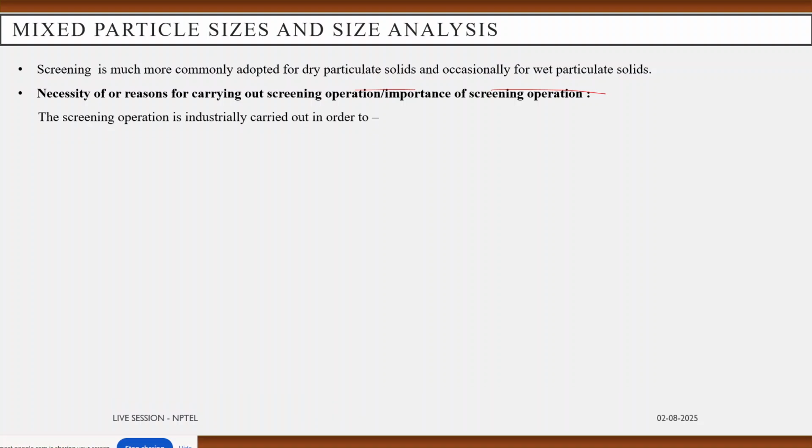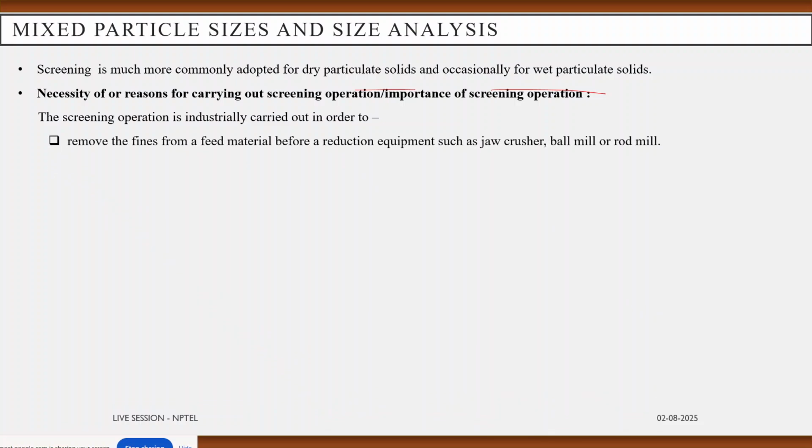So the screening operation is very important in industry. It needs to be carried out in order to remove the fines from a feed material before introduction of the sample into the reduction equipment, like a jaw crusher, ball mill, or rod mill, and to prevent incompletely crushed material, like oversized material, from entering any important unit operation equipment.